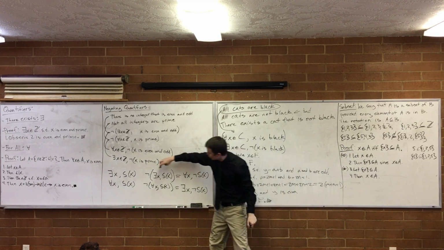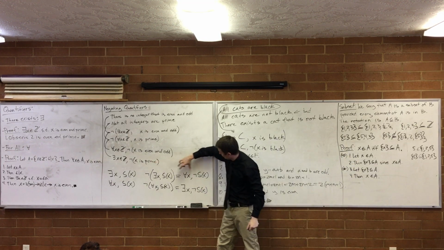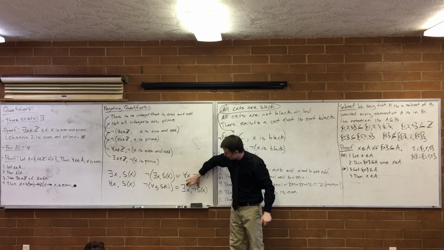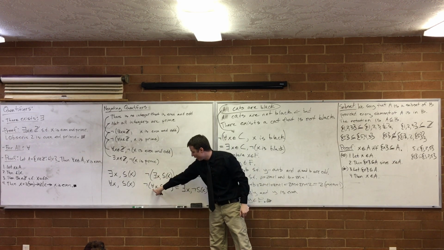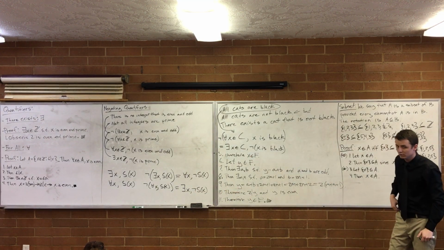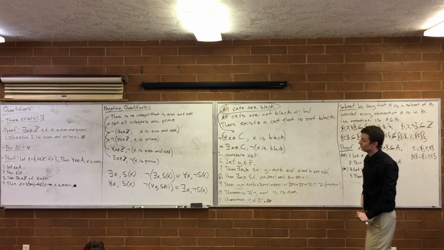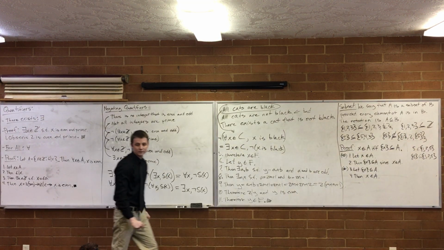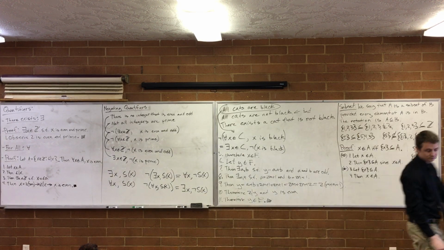If you want to take the not of a there exists statement, here's how you do it. If you want to take the not of a for all statement, here's how you do it. You just barely took the not of a for all statement and you did it like this. And yeah, you can do this in geometry. When you were taking the contradictions of statements, you were distributing nots.